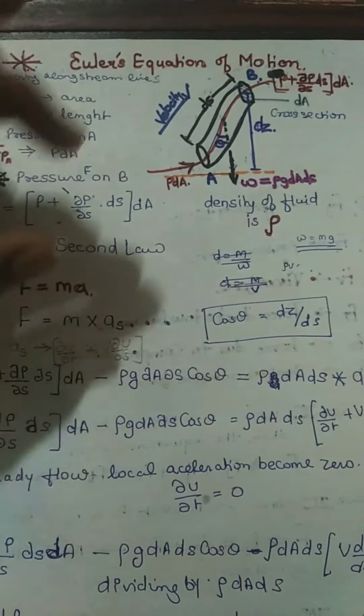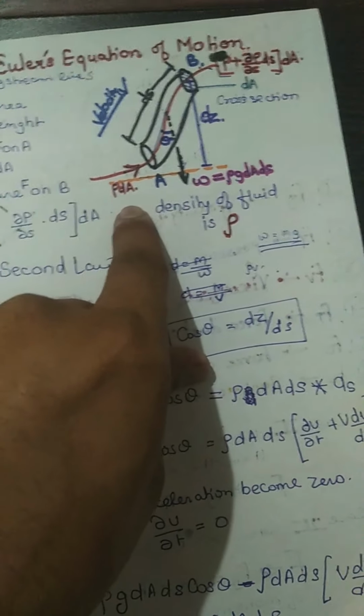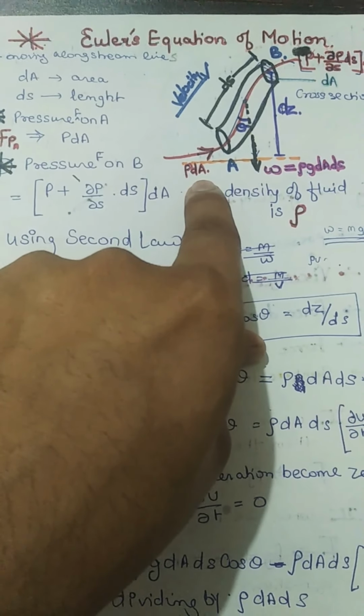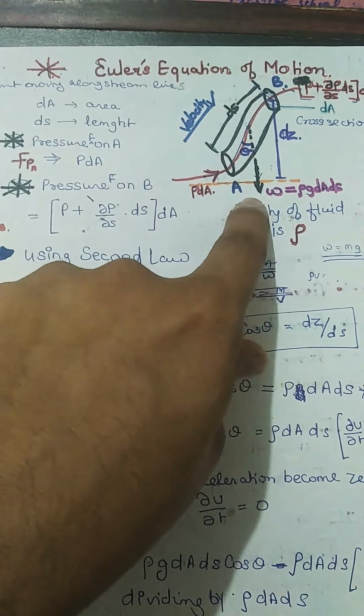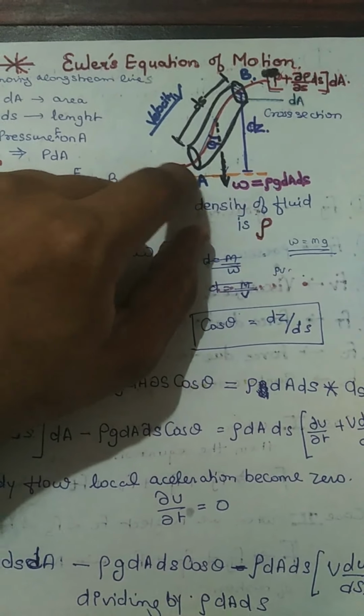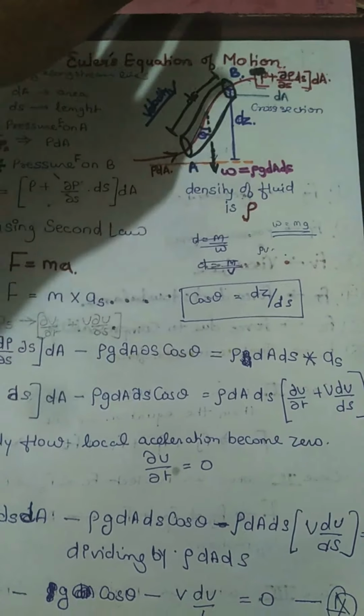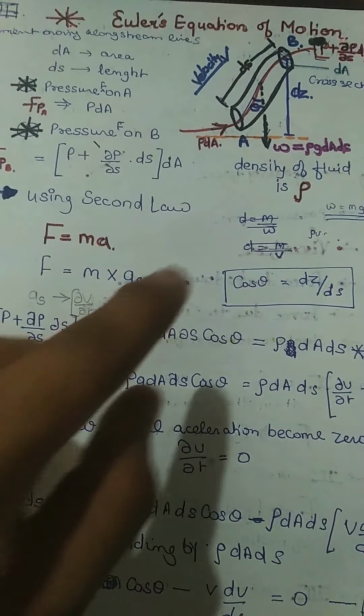Now we'll consider all the forces and their direction. This is first force, that is pressure force acting in A. We are taking the direction which is moving from A to B as positive and from B to A as negative.